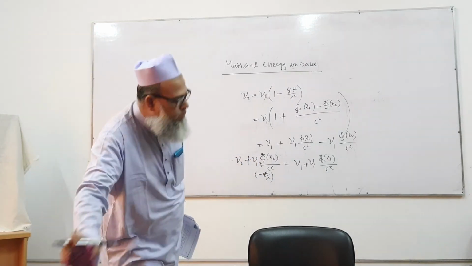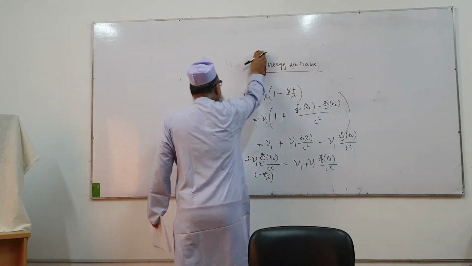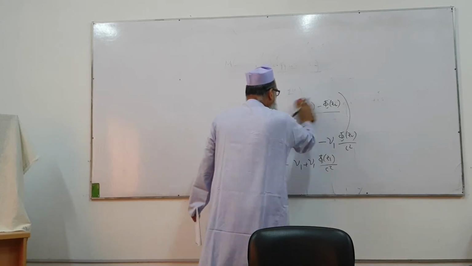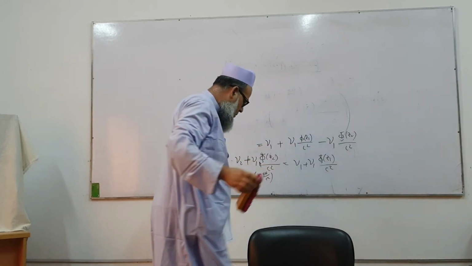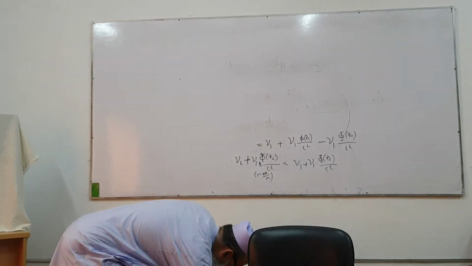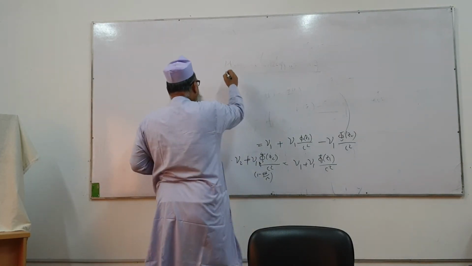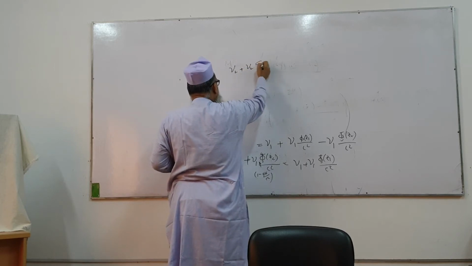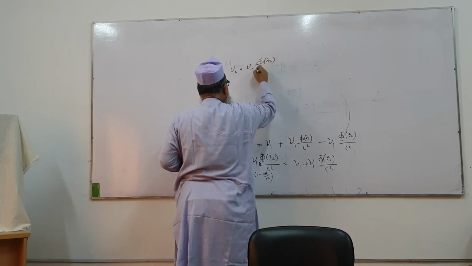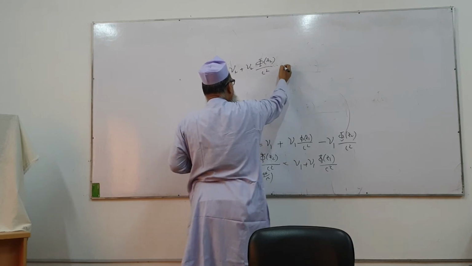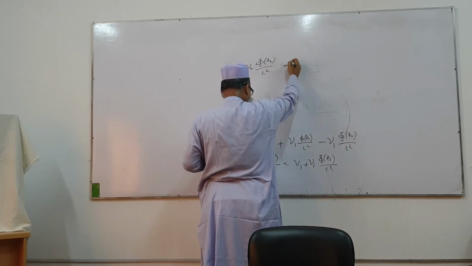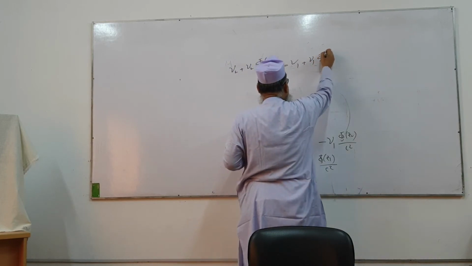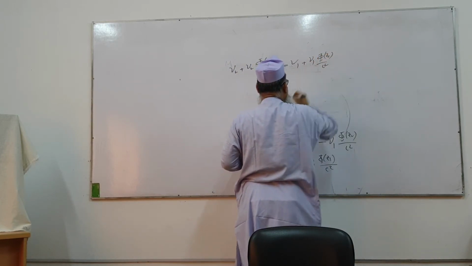So we can write nu2 plus nu2 phi of z2 by c square equals nu1 plus nu1 phi of z1 by c square.